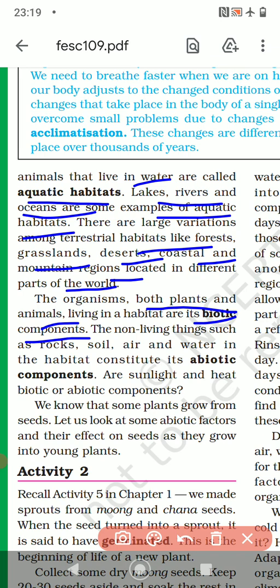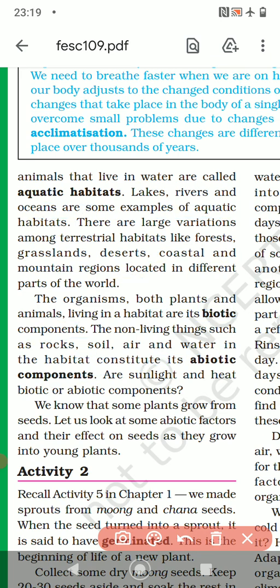The non-living things such as rocks, soil, air and water in the habitat constitute its abiotic components. Okay, children? So what are biotic components? Biotic components are living organisms. All the living organisms are called biotic components and all the non-living things are called abiotic components.